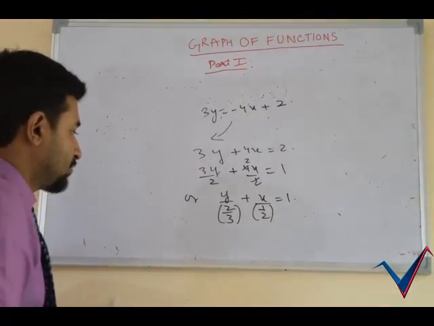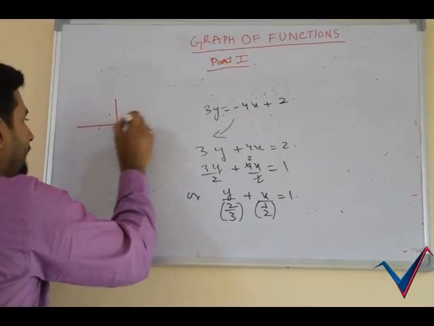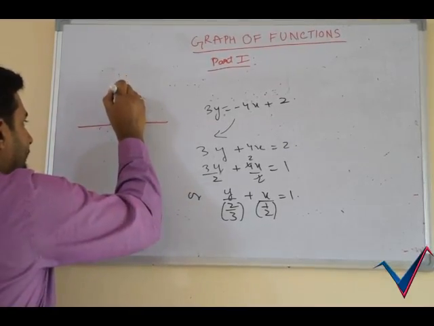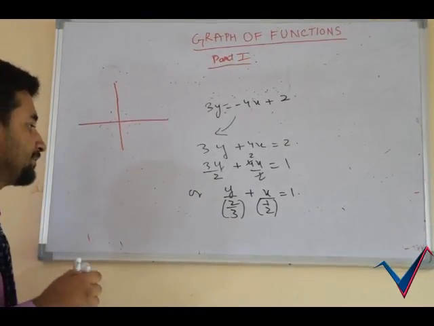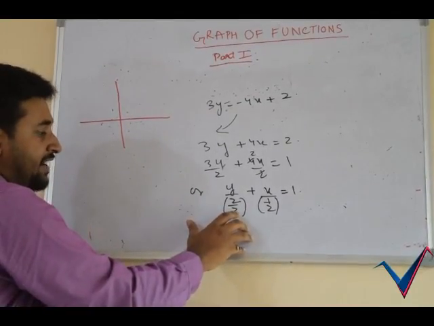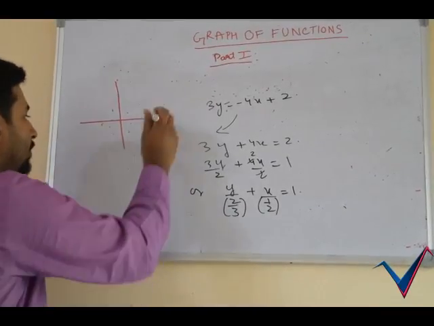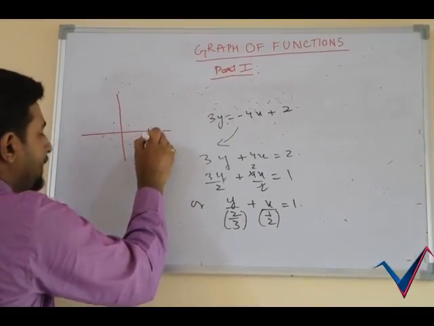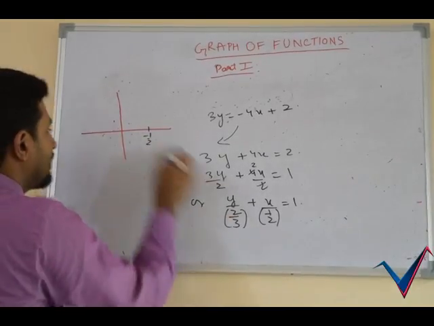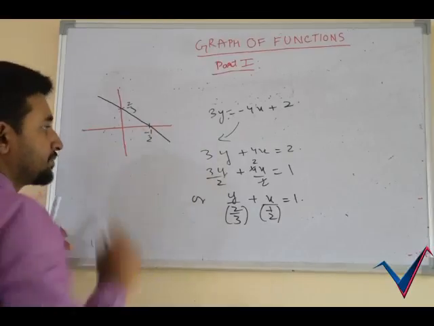So what you need to do is plot the y-intercept 2 by 3 and the x-intercept 1 by 2. Plot the points here. So the graph will look like this.